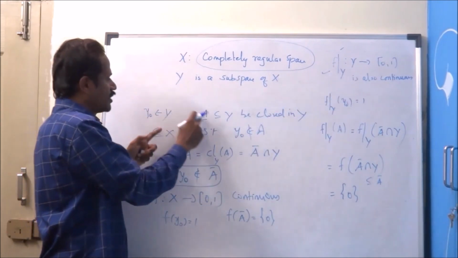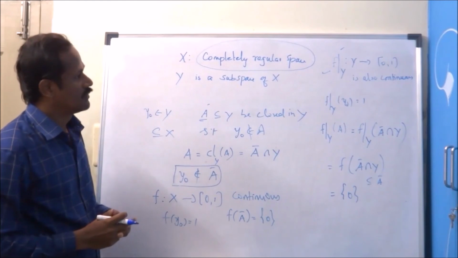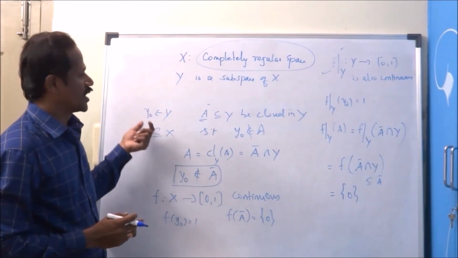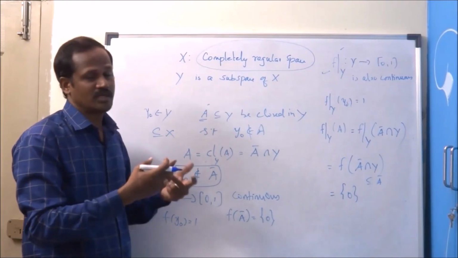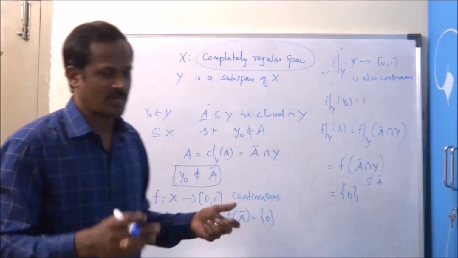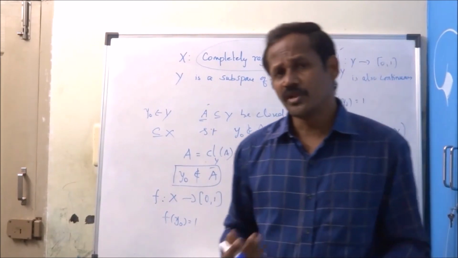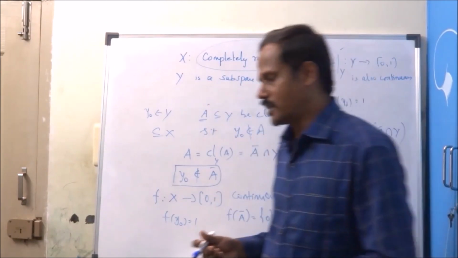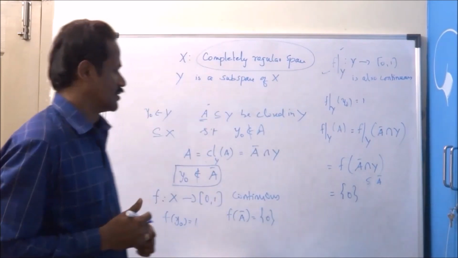Because this point and the closed set not containing the point are arbitrary, we have proved that each point and a closed set not containing it can be separated by means of a continuous map, which completes the proof that Y is also completely regular. Therefore, every subspace of a completely regular space is also a completely regular space.